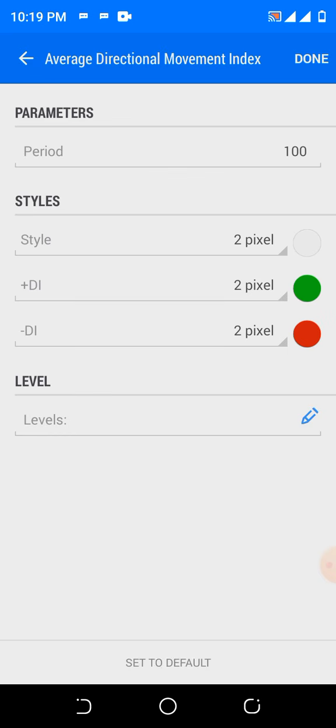So when the green line is above, it means the market is buying, that is an uptrend. When the red line is up, it means the market is selling. Guys, copy this down and apply it.